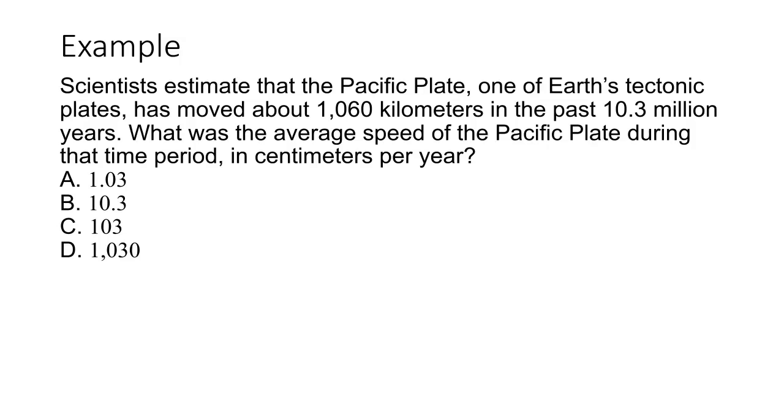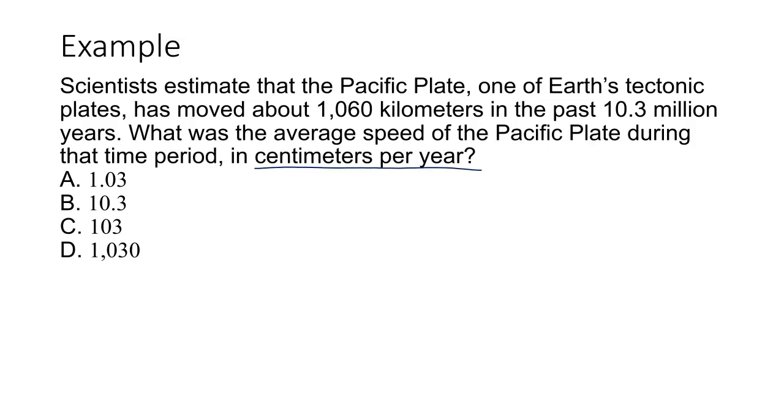Okay? So, I have kilometers. This tectonic plate moved 1,060 kilometers in 10.3 million years. What was the average speed of the plate during that time period, in centimeters per year?